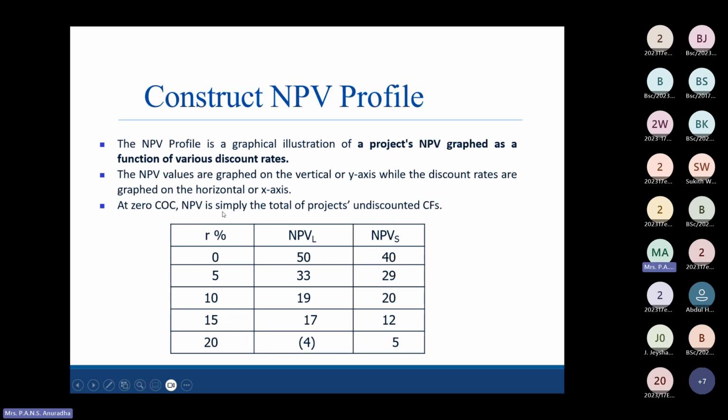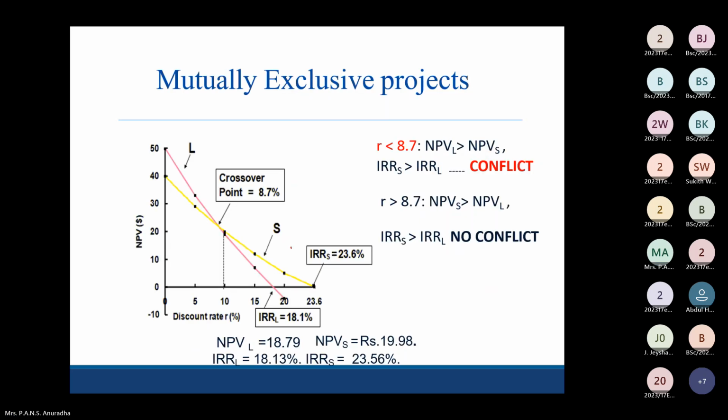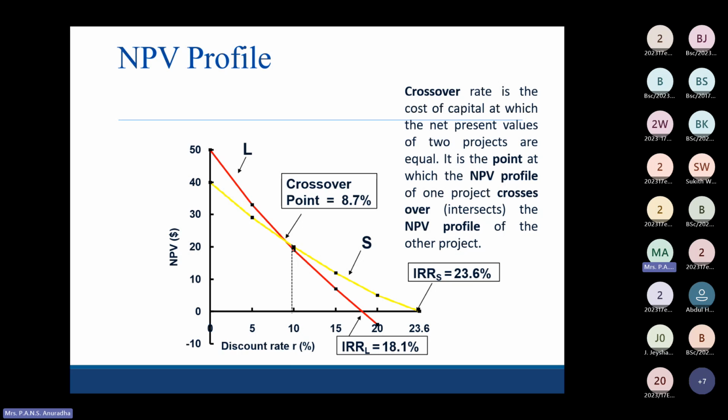So at 0 cost of capital, NPV is simply equal to the undiscounted cash flow values. That is for your knowledge. Now these are the values for the NPV profile. If you draw this in a graph like this, the red line is project L and the yellow one is project S. We call this point the crossover point or crossover rate.